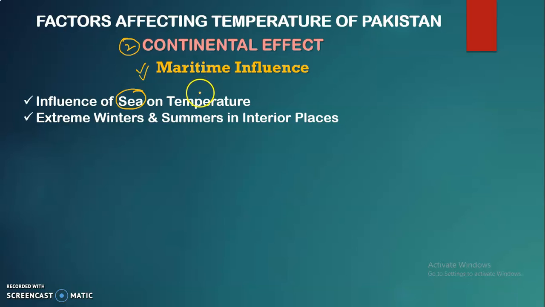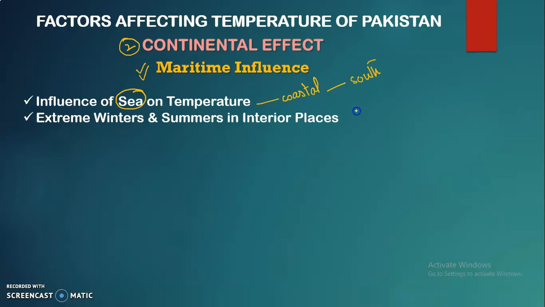Because of this, the temperature of Pakistan varies. Here I am talking about the coastal area of Pakistan, that is the south of Pakistan, where we know the Arabian Sea exists. Just because of that coastal area and the water body there, the temperature differs.